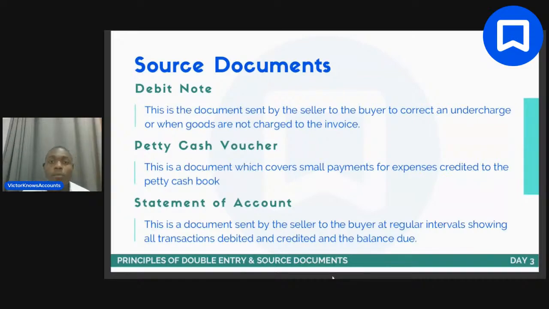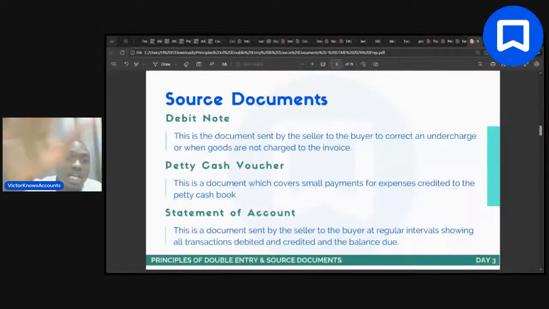But the major difference between credit note and debit note is that credit note is used to correct an overcharge. Please pay attention to that. Credit note is used to correct an overcharge, while debit note is used to correct an undercharge.